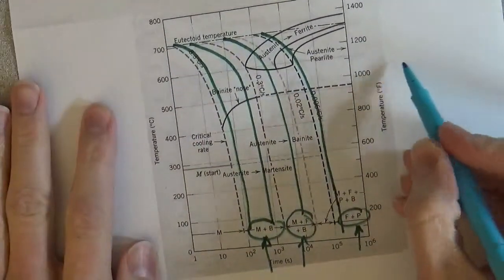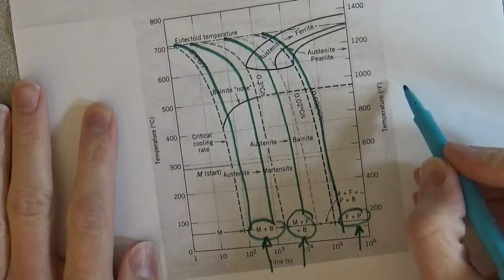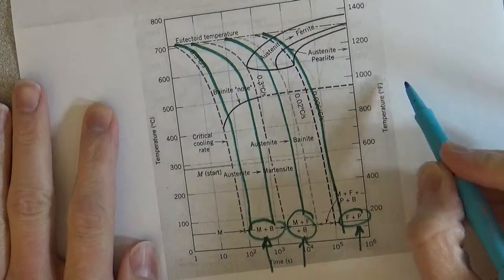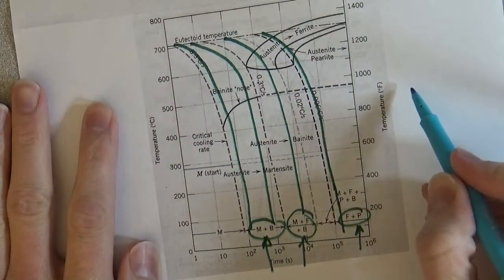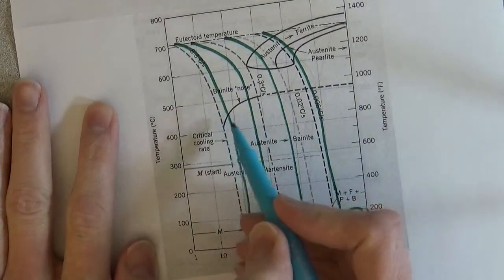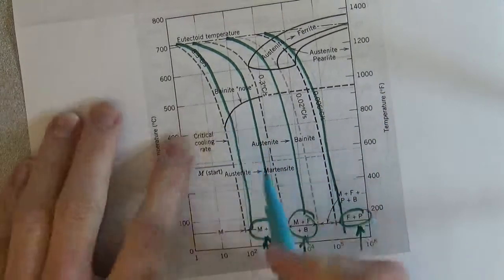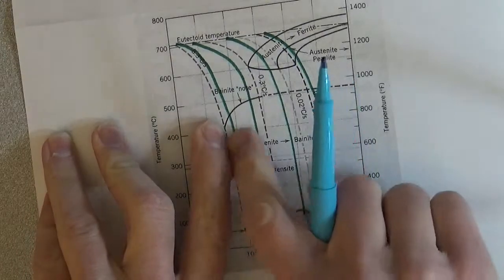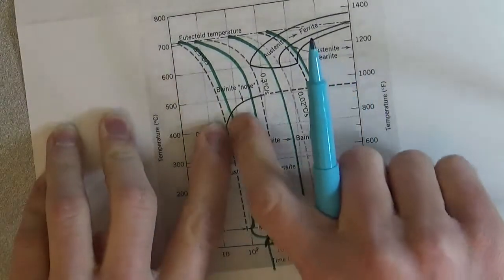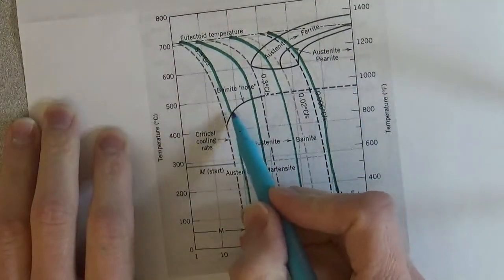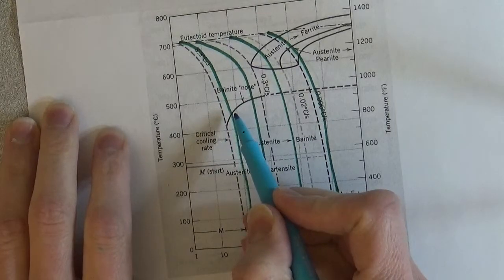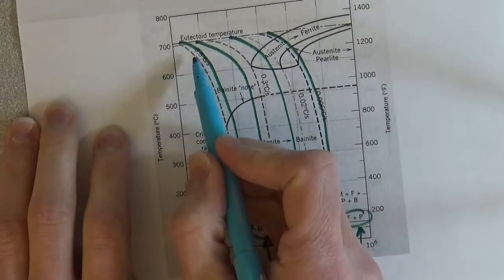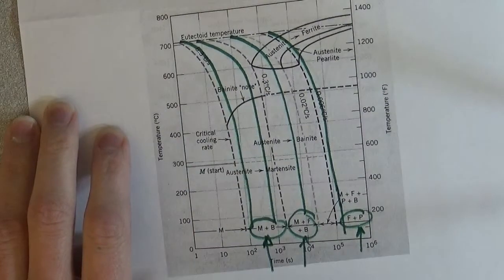And when you're operating over here, where you have a relatively slow cooling, you're going to have a coarse structure. And when you're operating over here, you have to be within the critical cooling curve. But over on this side, you're going to have a fine structure because you have a more rapid cooling rate.